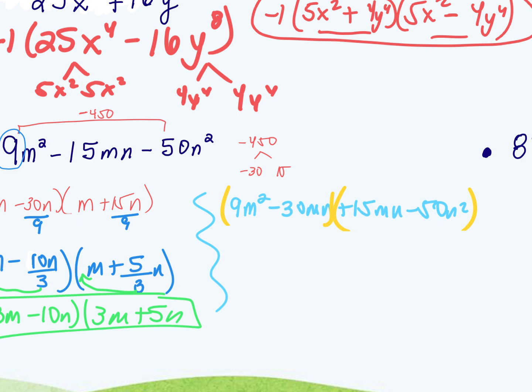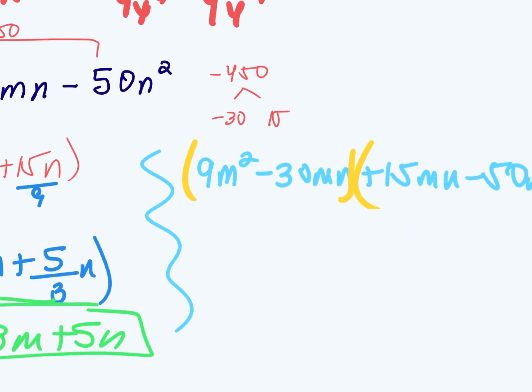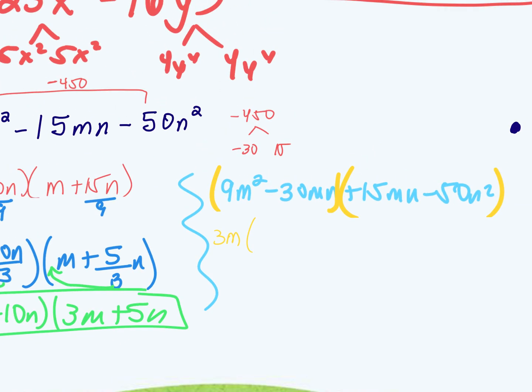What do we have in common with 9m squared and 30mn? 3m. What am I left with? Perfect. What can I take out of 15mn and negative 50n squared? 5.